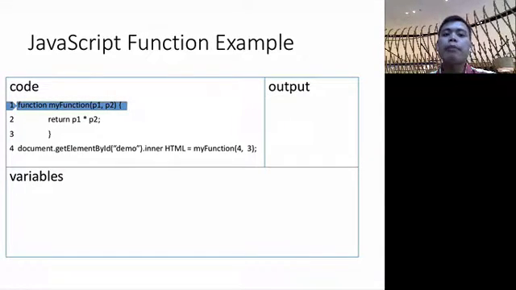Let's take an example of JavaScript function code so that we can better understand it. Here you can see there are 4 lines of code.